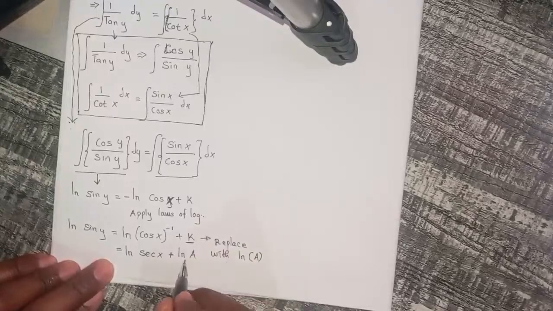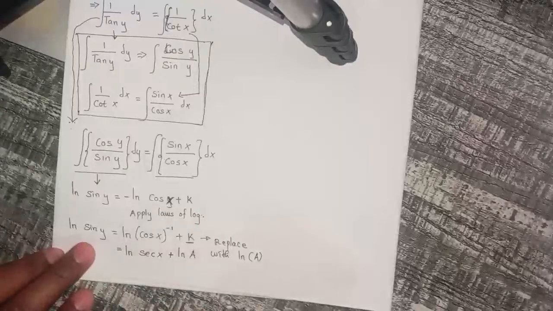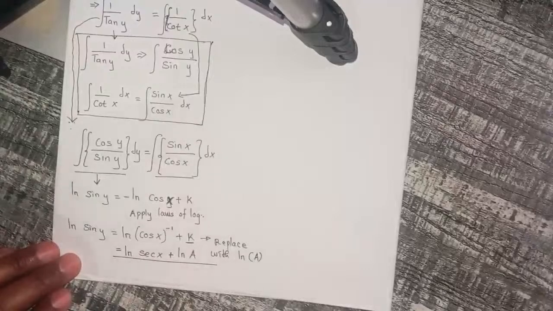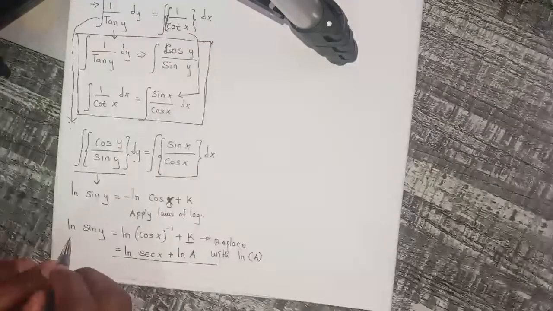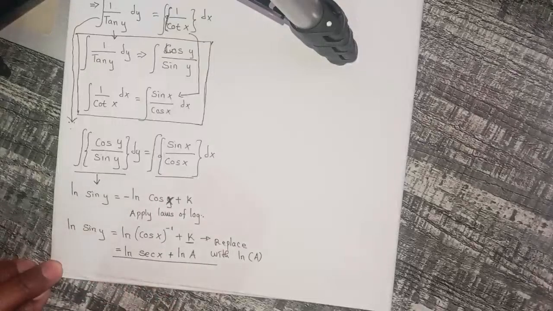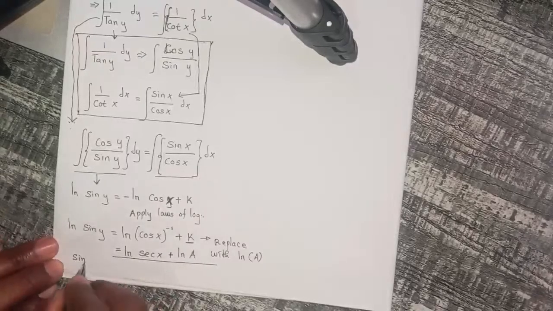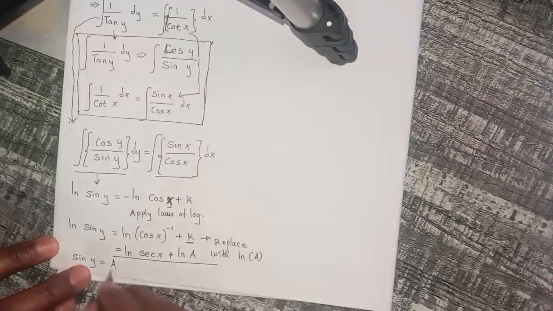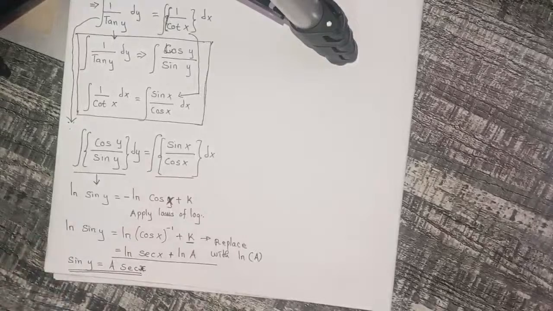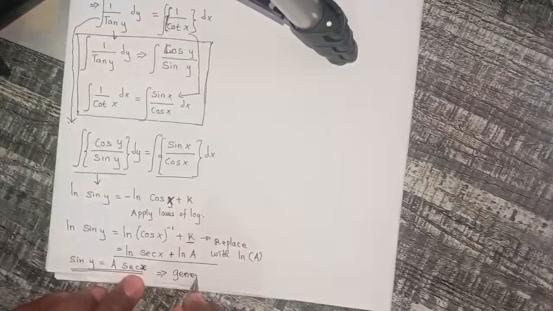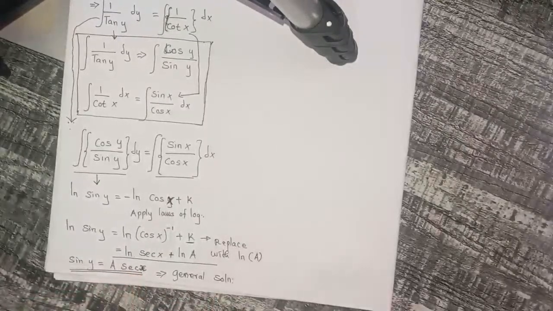Therefore, if we apply the laws of logarithms, the summation law, and eliminate the natural logarithms in each part, this is simply sin y equals a secant of x, and that now becomes our general solution.